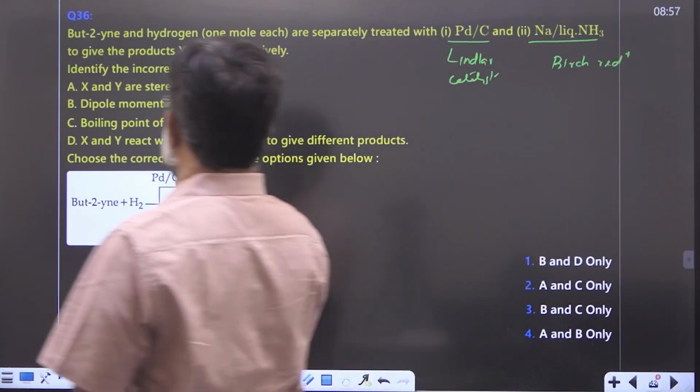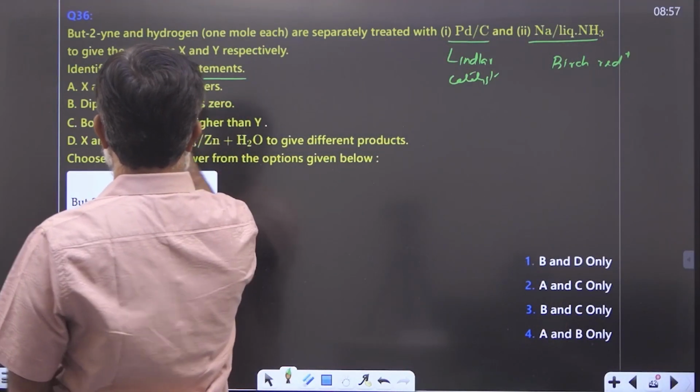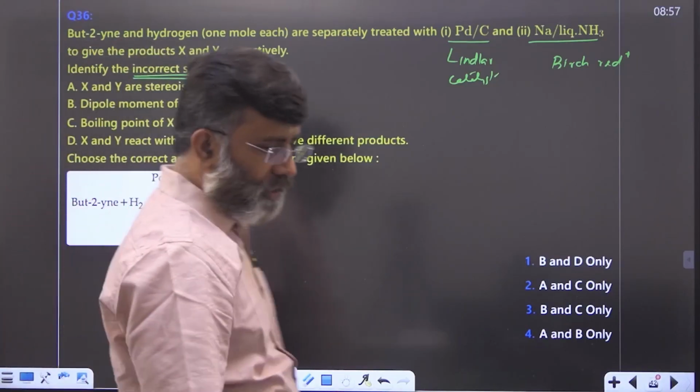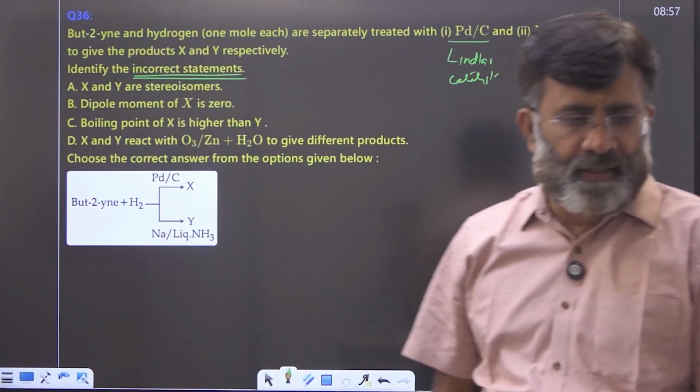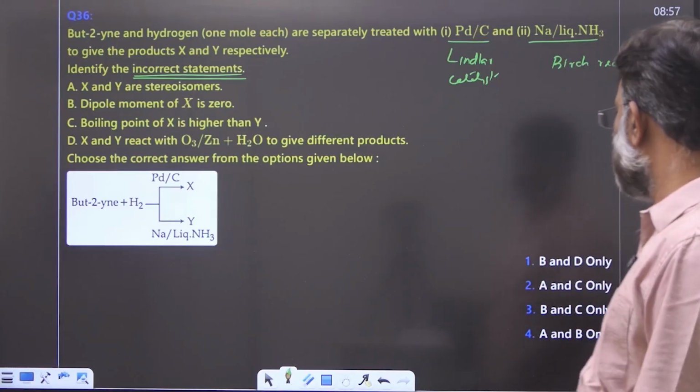We need to identify the incorrect statements. There are 4 statements given, which is the incorrect statement? That is the question. Okay.